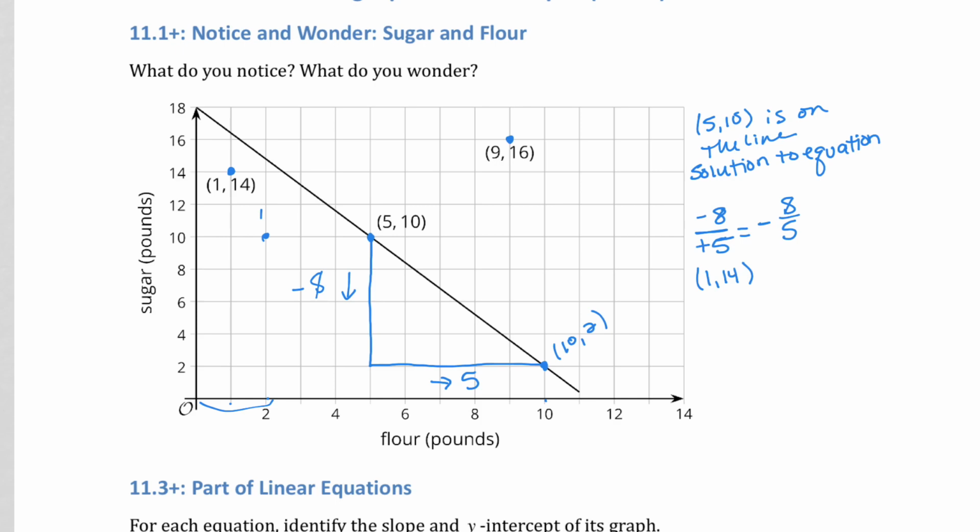It's going to be less than because it's below the line. Yeah, so 1, 14 is not a solution. And 9, 16 is also not a solution because it's more than.